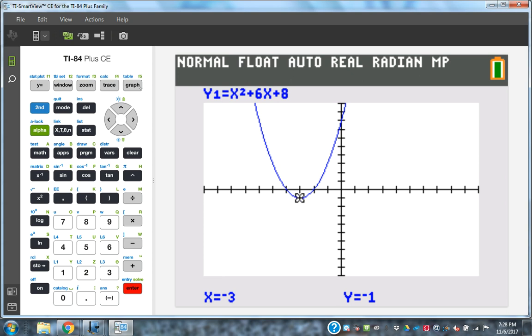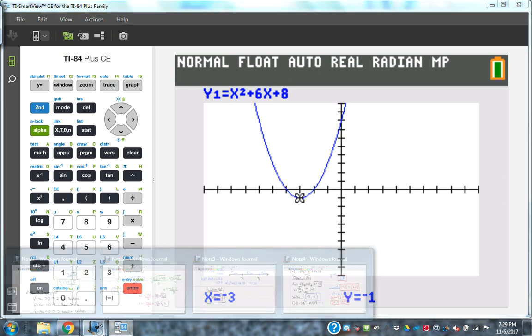If you have complex solutions, then it won't cross the x-axis at all. Okay? Complex solutions for x-intercepts means it doesn't cross the x-axis. Okay, that's maybe a generalization that you need to think about there.